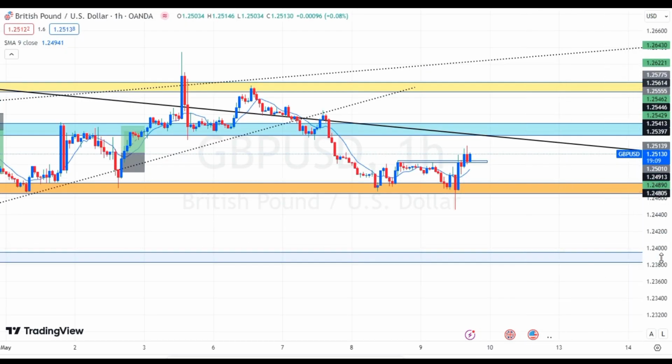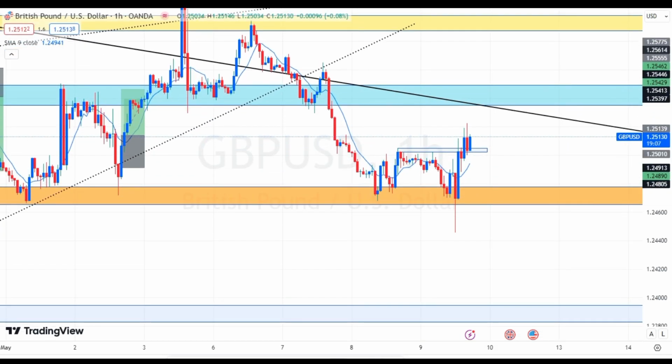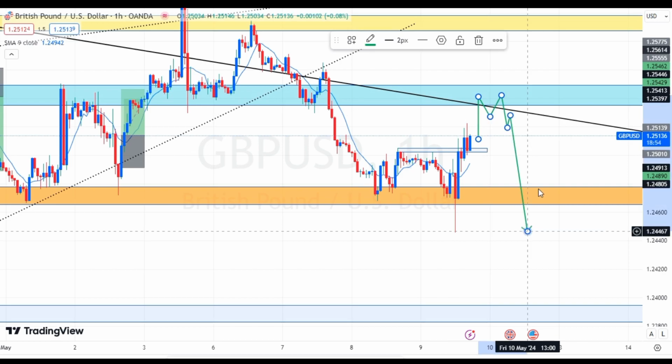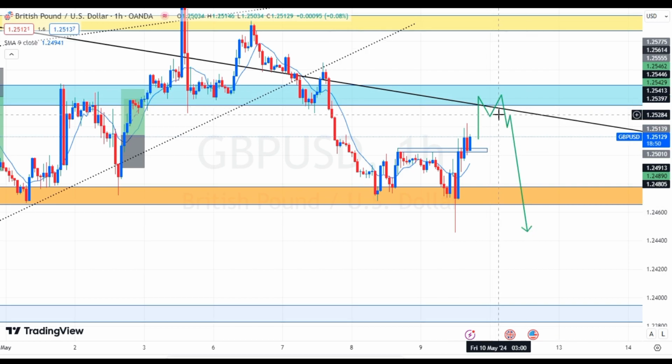As you see, price comes there, comes back here, gives me a reaction, comes back again, gives me another reaction, then breaks out, then I go. You understand? This is my first entry. Double top or triple top.